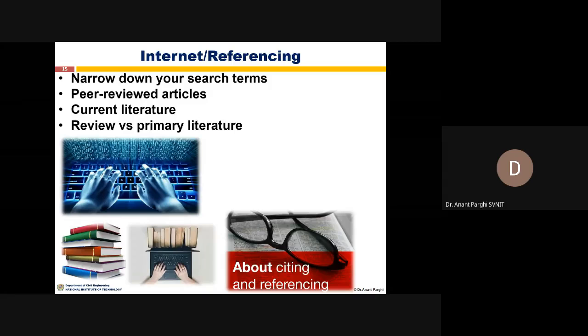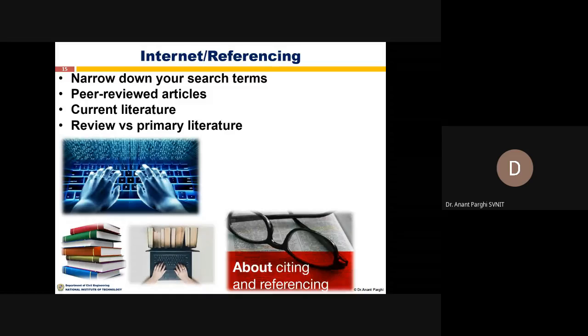So peer reviewed articles only, right? In your area of research, just Google what is the meaning of peer reviewed articles, right? It has a standard procedure, so that kind of peer reviewed journal articles we should refer.